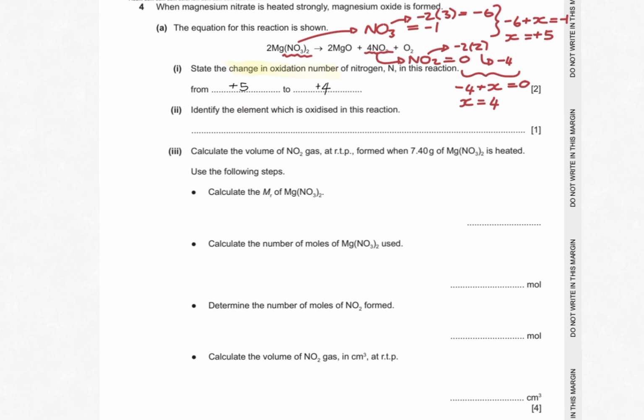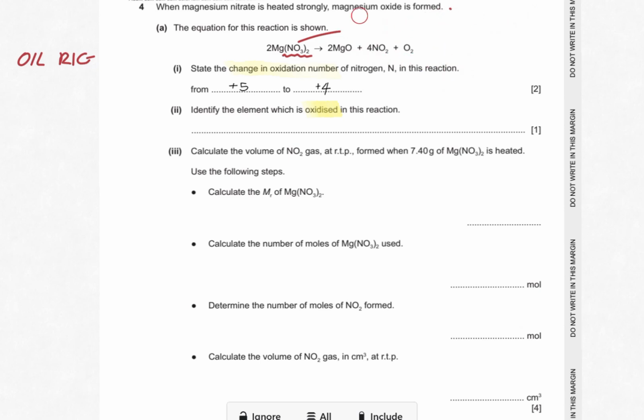The next question asks to identify the element which is oxidized in this reaction. Now for this, we need to remember OIL RIG. Oxidation is loss of electrons and reduction is gain of electrons. So let's first look at magnesium.